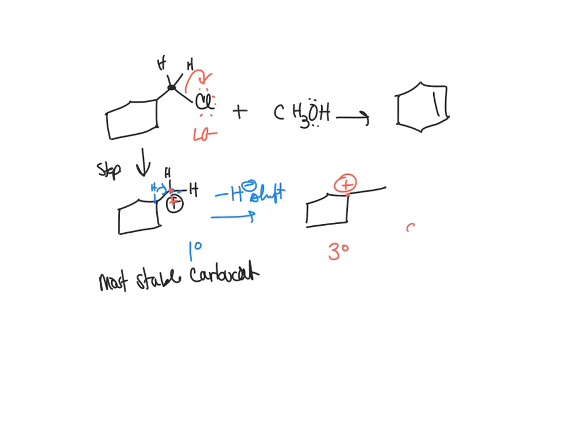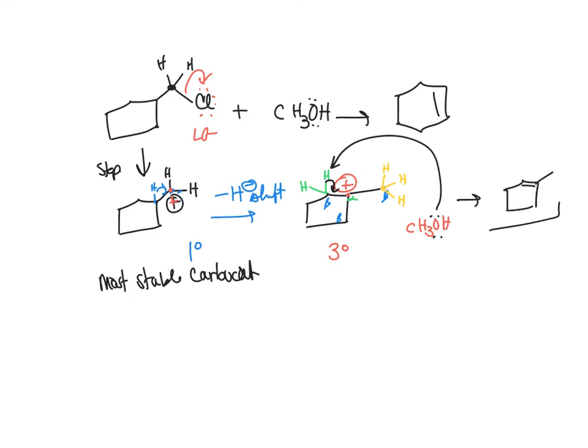And then the methanol will come and take, this is your alpha, it will take a beta hydrogen. So this is tertiary, you have 3 betas, and it will take a hydrogen that has fewer numbers. So you can see that this beta has 3 hydrogens, this beta has 2. If the methanol takes a hydrogen from less to form your alkene, that's going to give you your more substituted product. Okay.